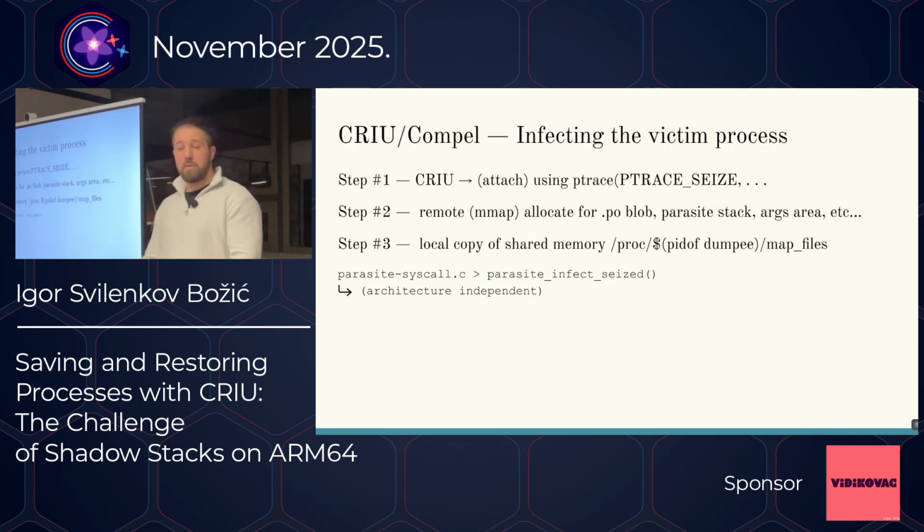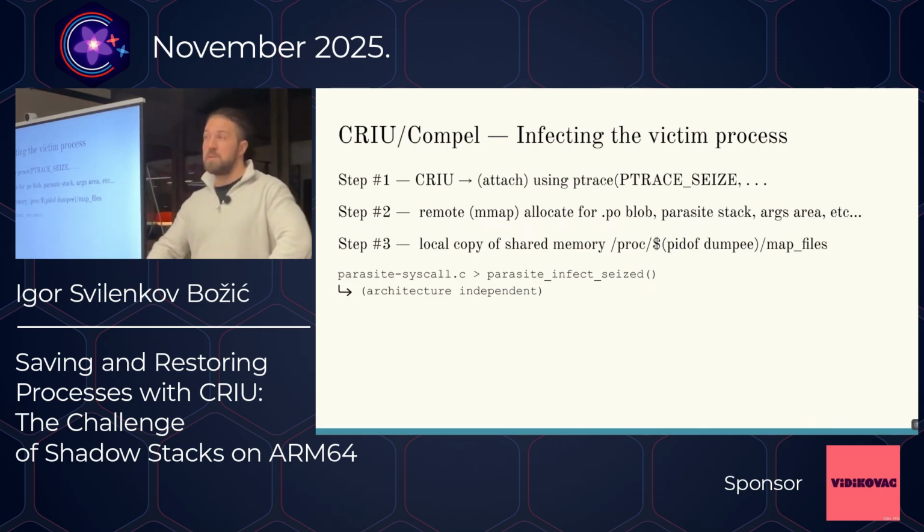We'll get into that too. Then you execute a remote memory map to allocate space for your parasite blob, this executable, and its own stack. There's an argument area and other things, which we'll show later on another slide where you can see the memory layout.